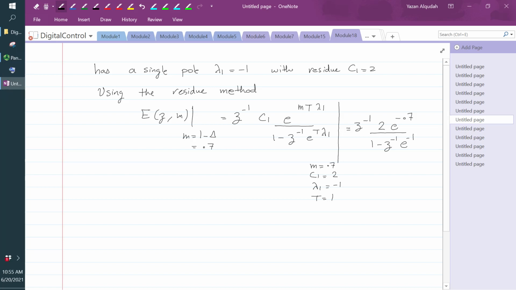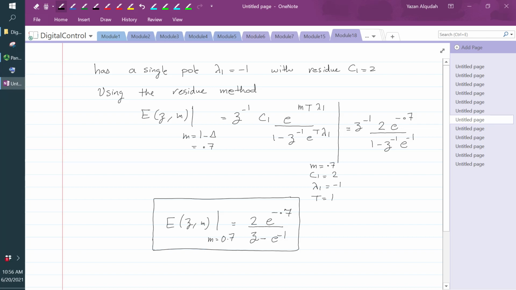So therefore, we can simplify this, and E of Z comma m, when m is equal to 0.7, is going to equal 2 multiplied by e to negative 0.7 divided by, I can multiply numerator and denominator by Z, Z minus e to negative 1. And this is the result that we want. This is the modified Z transform.